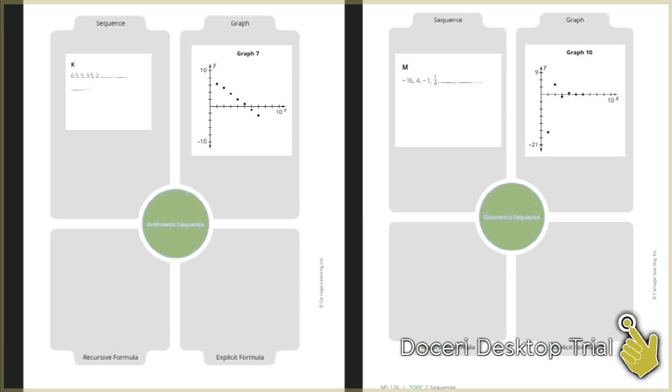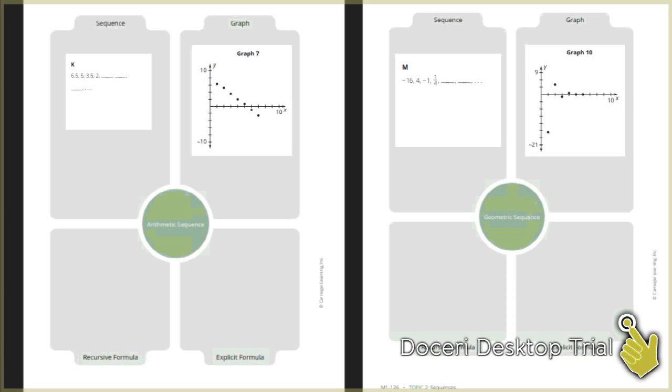Okay? I chose K. K was an arithmetic sequence because we were just going down by 1.5 each time. That was the sequence. We were subtracting by 1.5.